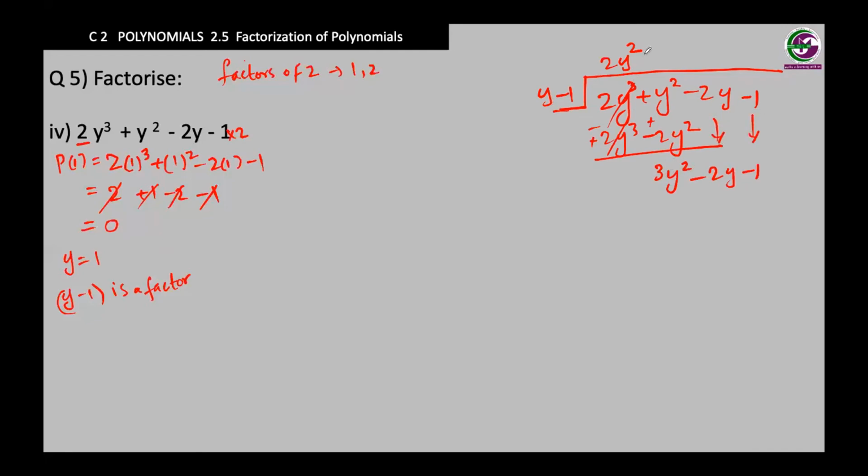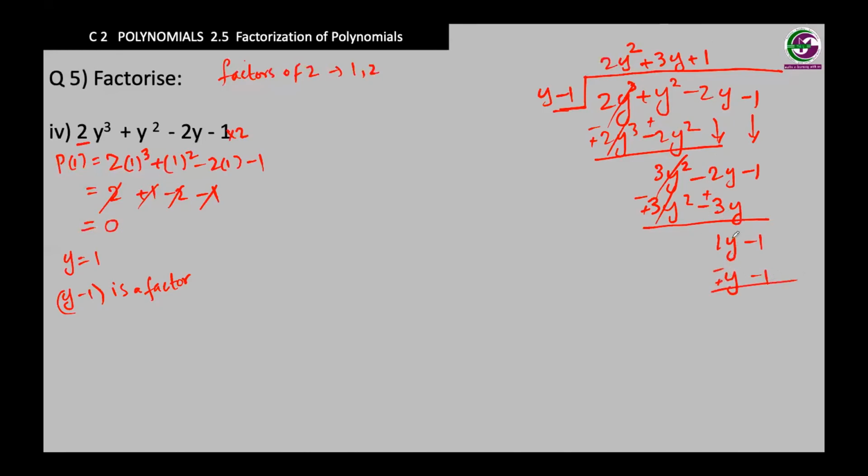3y squared divided by y is 3y. 3y multiplied by y will be 3y squared minus 3y. Change the sign again. This will be plus. Negative 2y plus 3y will be 1y, minus 1. y divided by y is 1. So we get the answer y minus 1.